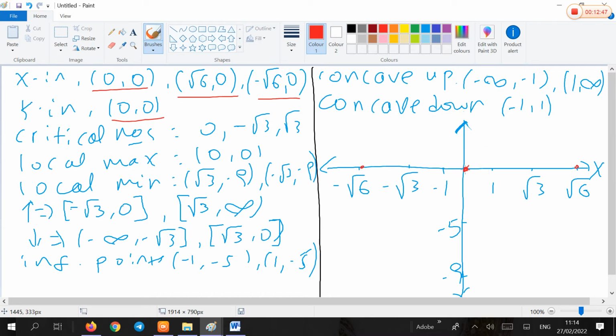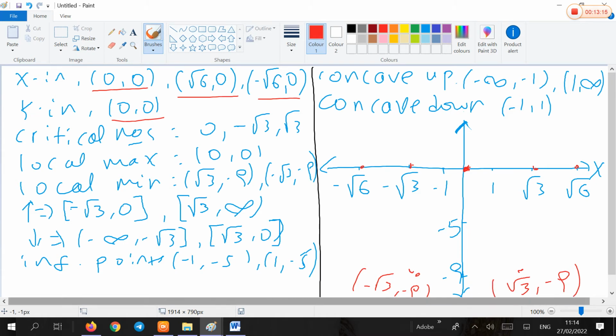The critical numbers are 0 itself, square root of 3, and negative square root of 3. The local maximum is at 0, 0. The local minima are at square root of 3, minus 9 and negative square root of 3, minus 9.